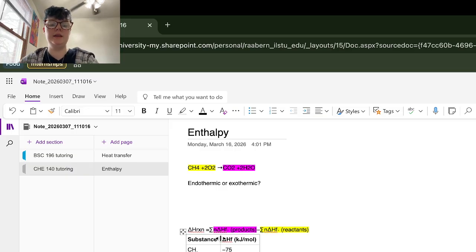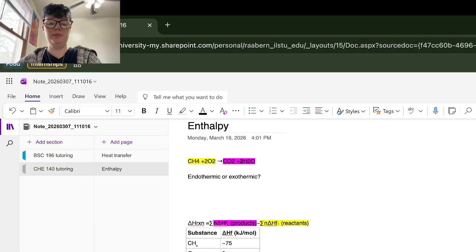plus, now here's where you have to be careful, because see how there's a 2 here? That 2 is super important, because you can't just take, for H2O, negative 286. You have to put 2 times negative 286. So if you have to, for some reason, figure out the formula, and you aren't just given this balanced equation, make sure that you balance it or your answer will be incorrect.